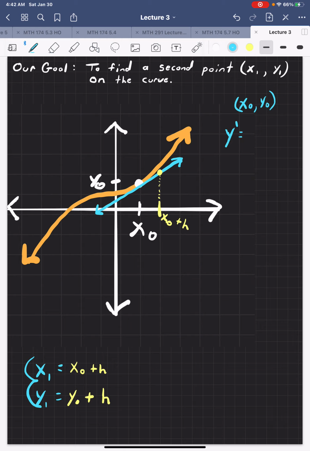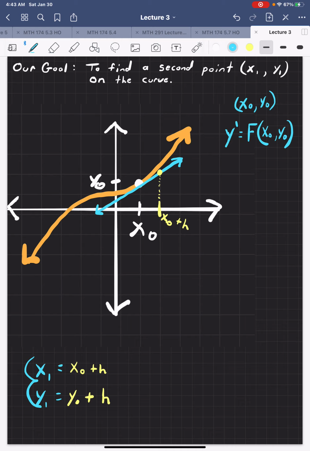So the slope of that line, or we'll just use calculus notation, y prime, is going to be equal to f of, now for our purposes, f of where we started, x sub 0, y sub 0. So let's now go ahead and bring that down here.